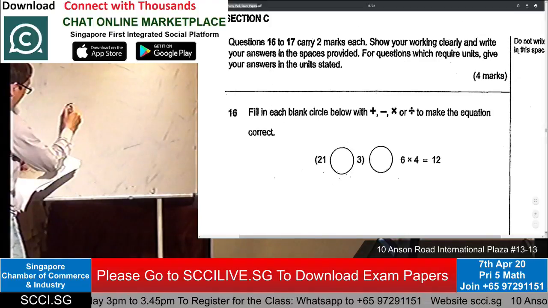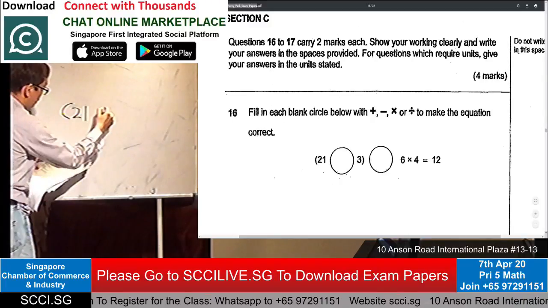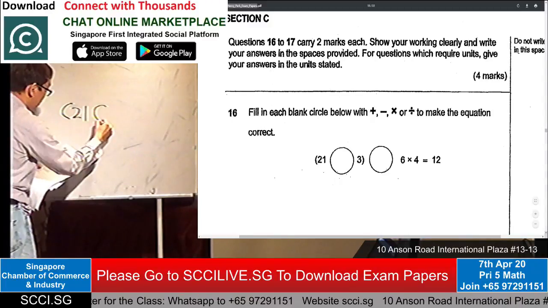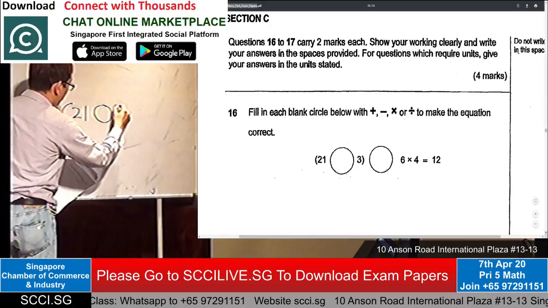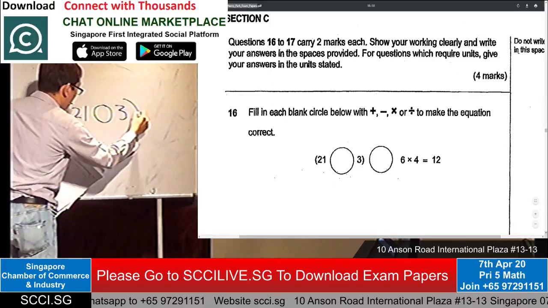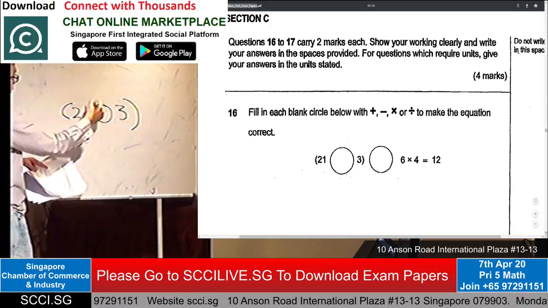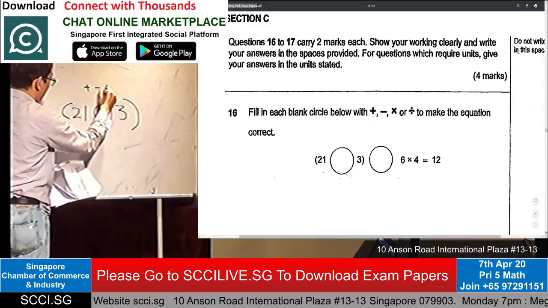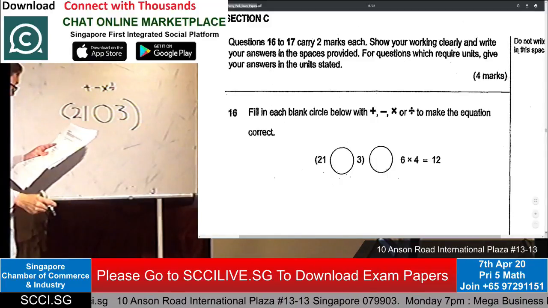Bracket 21. Okay, what should it be? The circle, remember? They're asking you 3. So what symbol is this? This is plus, minus, times, or divide. That is what they ask you.